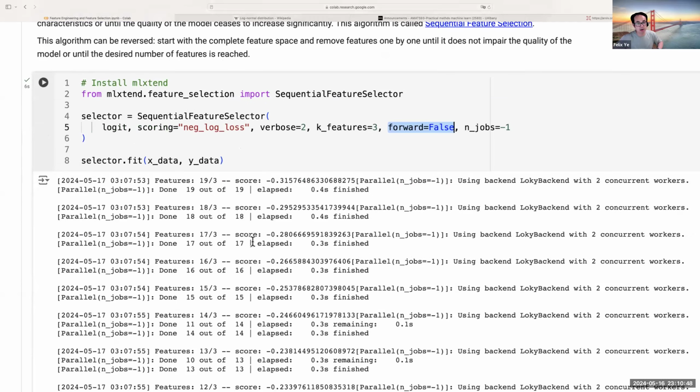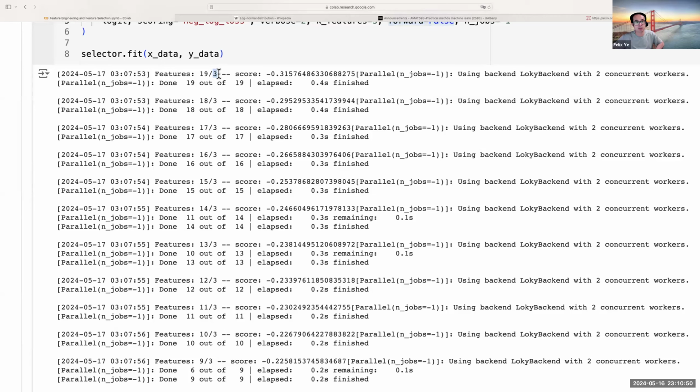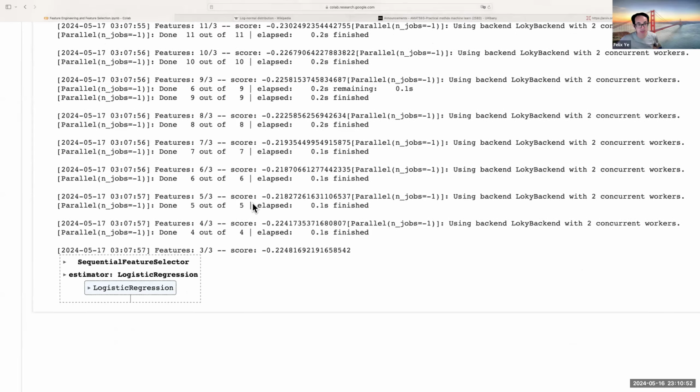So basically we start with the whole complete feature space and remove features one by one until the quality doesn't impair. Right here, we are looking for 3 features. This took a little bit of time. At the end, we remove features one by one until we have the best 3 features.